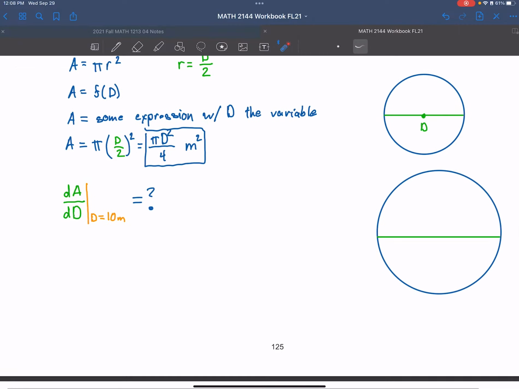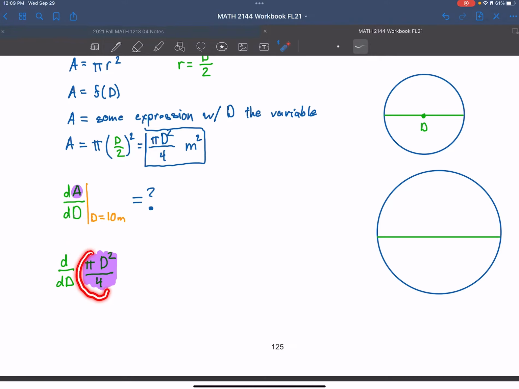To figure this out, we're going to take the derivative of the area. The derivative with respect to D, let me write it like this, we need to take the derivative of pi d squared over 4. This is A. The green part is saying take the derivative of this.